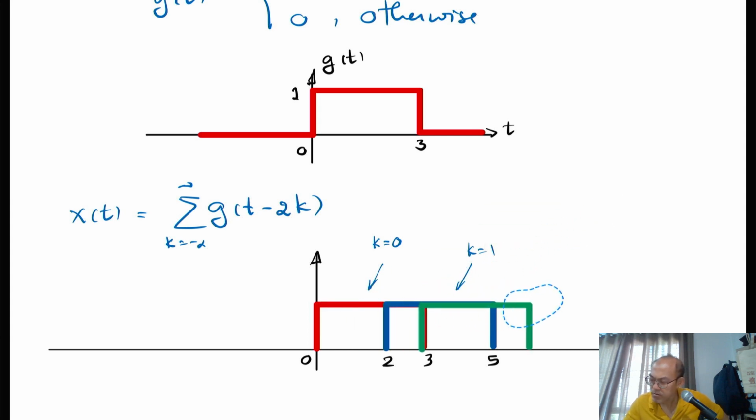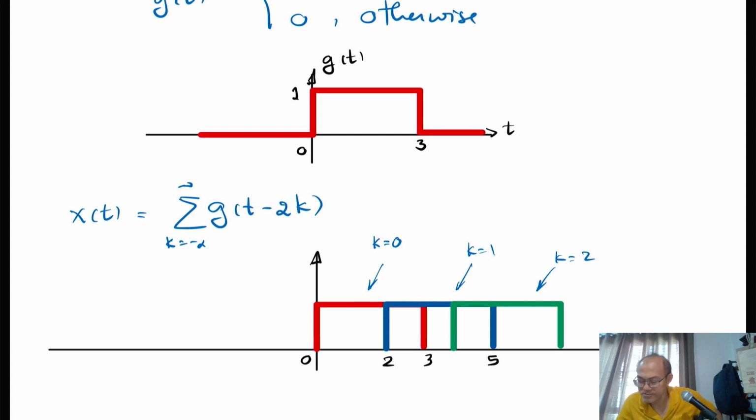So 3, right? 4 is here. This is when k is equal to 2. And things like this will go on and on and on, right? And then if you add them together, your graph will look weird, right? You see what I'm talking about? Who's asking the question, please?